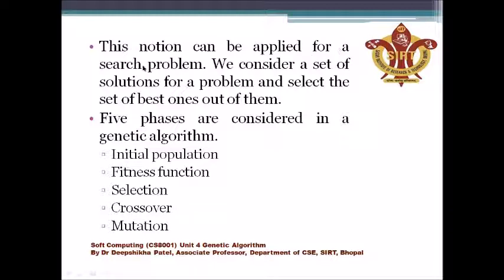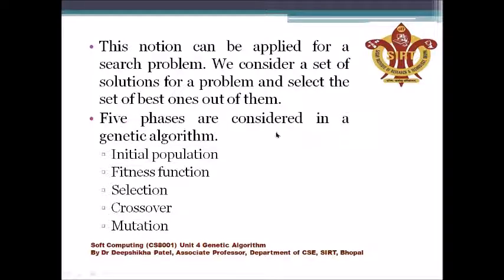The notion can be applied to a search problem. We consider a set of solutions for a problem and select the best ones out of them. So in a genetic algorithm, a set of solutions is given, that is our problem space, and among those solutions we have to find the best solution by applying the genetic algorithm procedure.